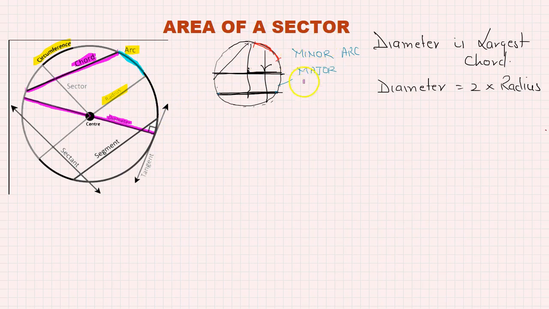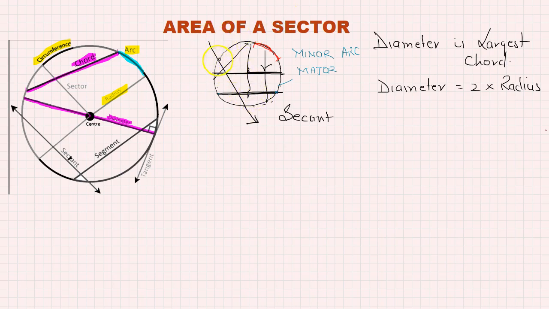Now there is another line that is cutting the circle into 2 parts. That is called a secant, not sectant. That is secant. Its endpoints never lie on a circle.